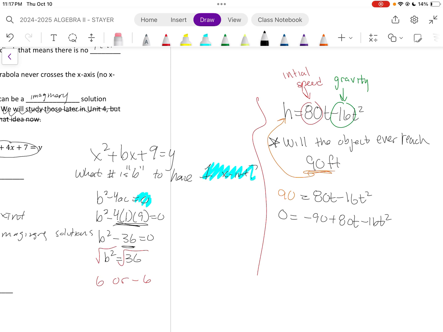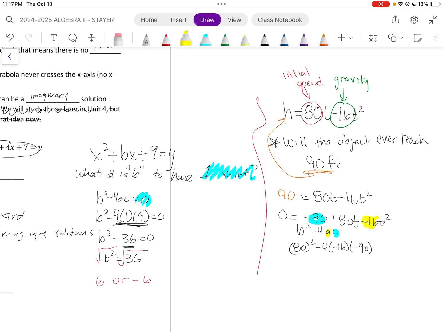And so we have b squared minus 4ac. And so that just says 80 squared minus 4 times negative 16 times negative 90. Remember, the c is always the one without x's. The a is always the one with the most x's, and b is the one in the middle.